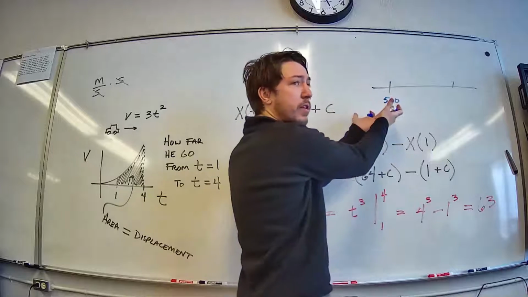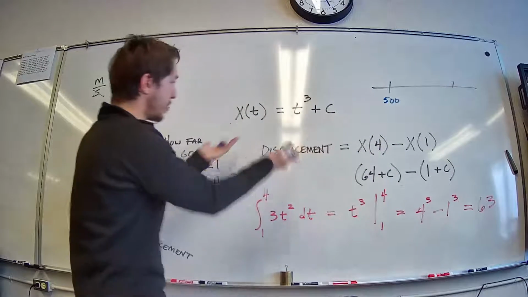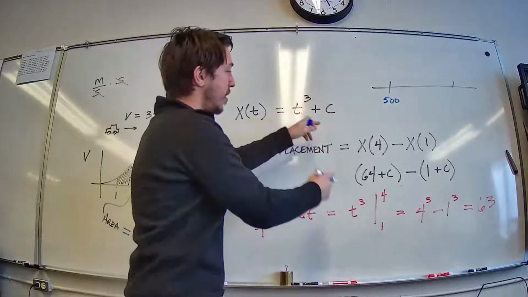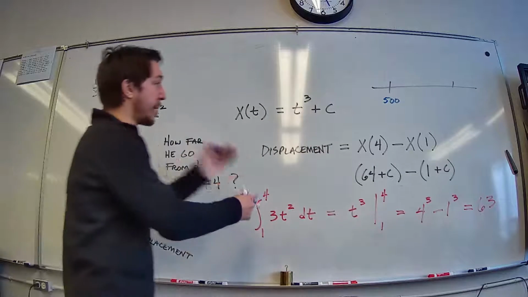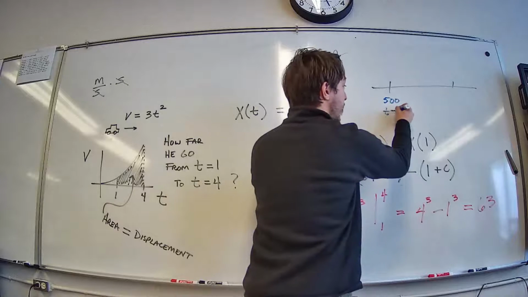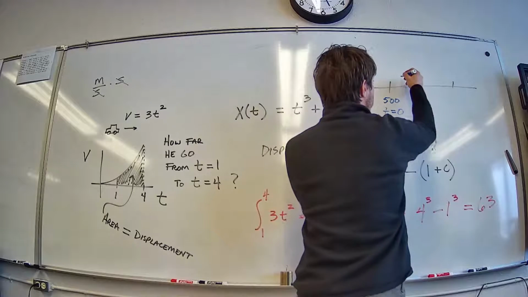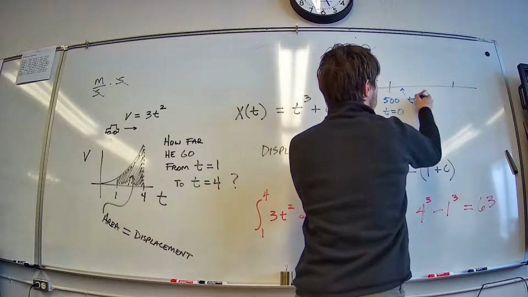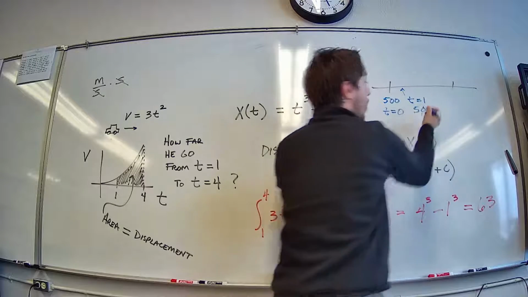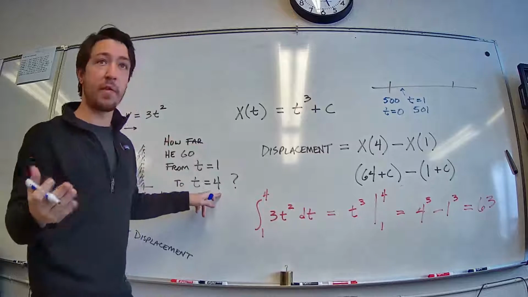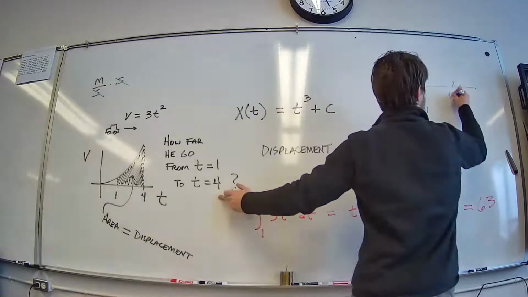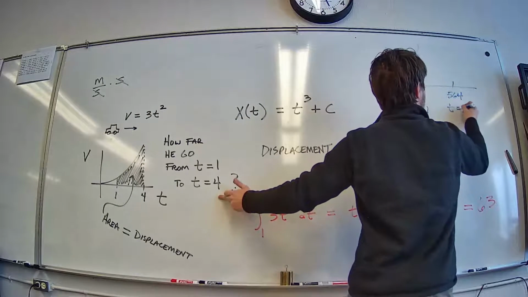Well, what the math shows us is that at time 0, he would have been at 500. At time 1, he would have been at 501. And at time 4, he would have been at 564. Does that make sense? Yes.